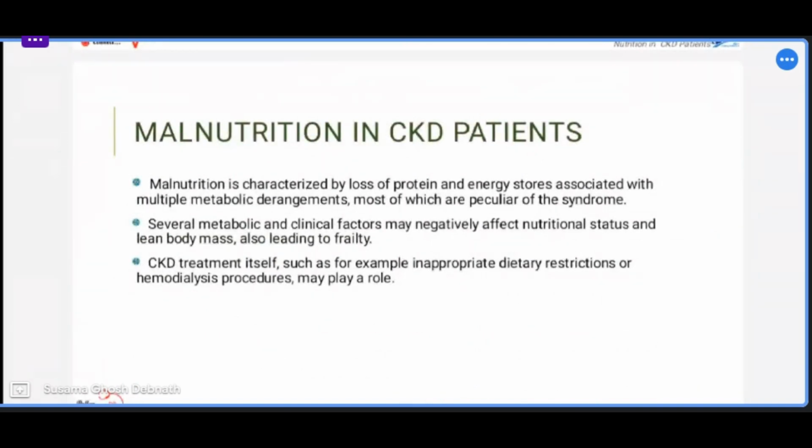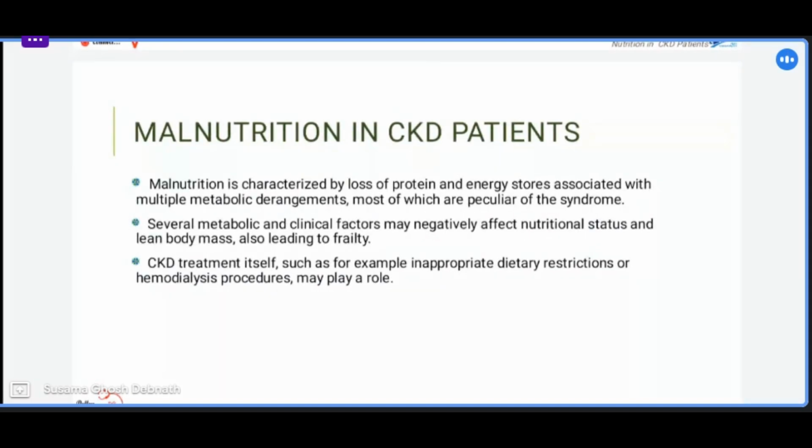especially in India. Malnutrition is characterized by the loss of protein and energy stores associated with multiple metabolic derangements, most of which are particular to the syndrome. Several metabolic and clinical factors may negatively affect nutrition status and lean body mass, also leading to fatality. So CKD treatment itself, such as, for example, inappropriate dietary restriction or the hemodialysis procedure, all these may play a big role.